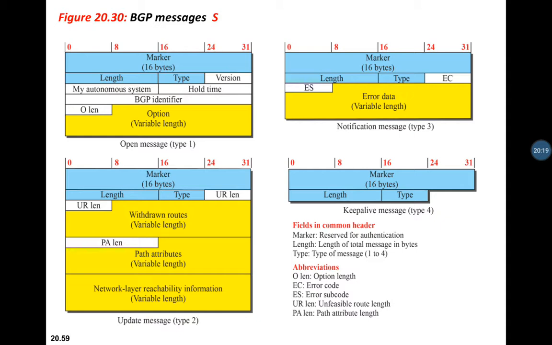The second half of module 4 concentrates on unicast routing protocols. We saw three algorithms: distance vector, Dijkstra, and path vector. Based on that, three protocols were discussed: routing information protocol, open shortest path first, and the border gateway protocol.